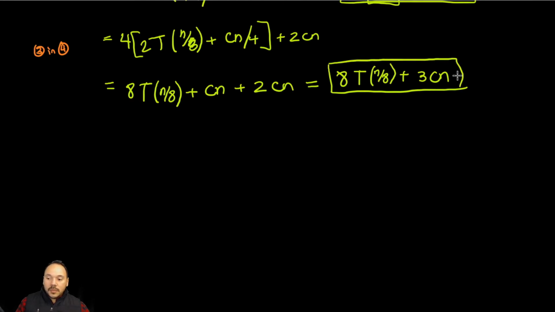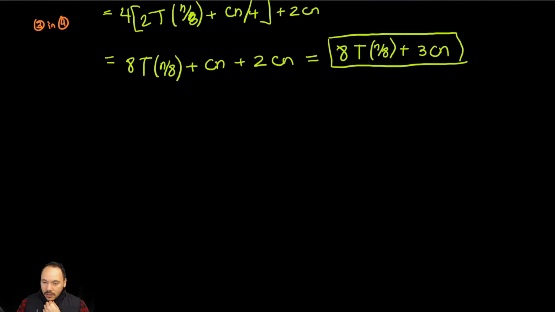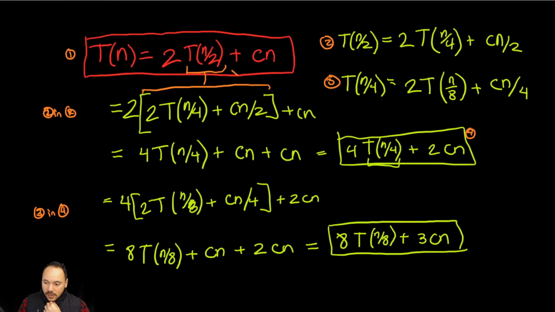So we could keep going. We could define what is Tn by 8, do it here and then replace it again, but you get the idea. So the idea is, as you can see, let's see the pattern here.